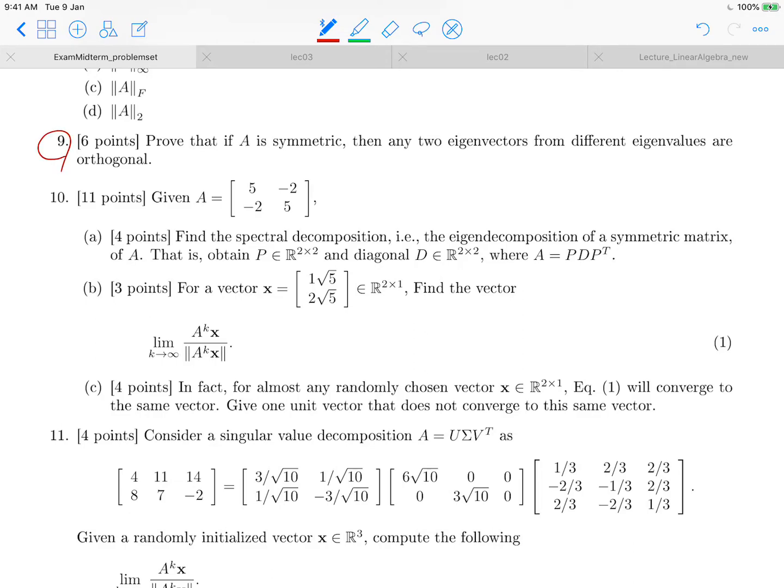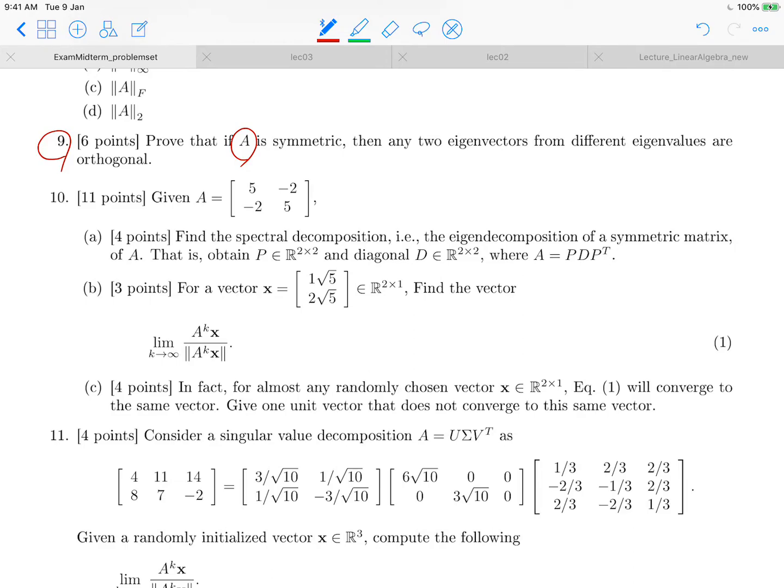problem 9. Let's go over the problem statement. If A is symmetric, then any two eigenvectors from different eigenvalues are orthogonal. If you remember, if A is not symmetric, suppose A is just a general square matrix.